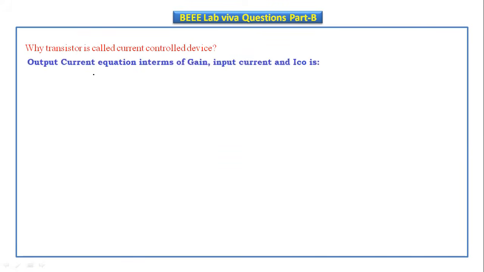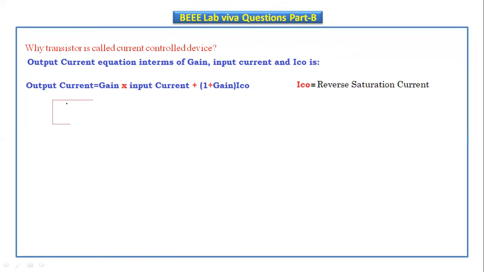The output current equation in terms of gain, the input current and IC naught is given by output current is equal to gain into input current plus 1 plus gain into reverse saturation current. Here IC naught is called as a reverse saturation current.